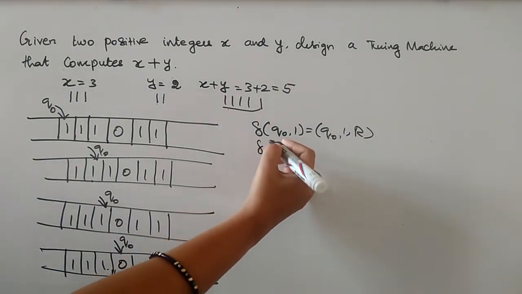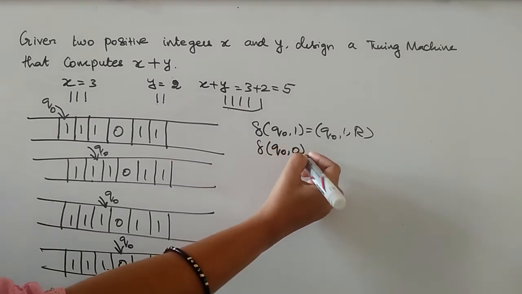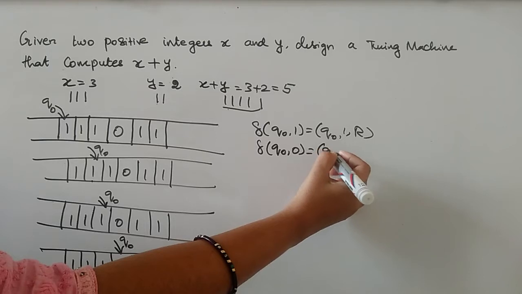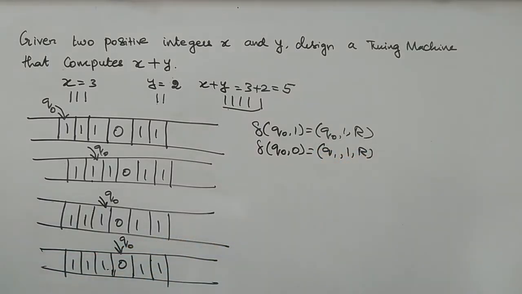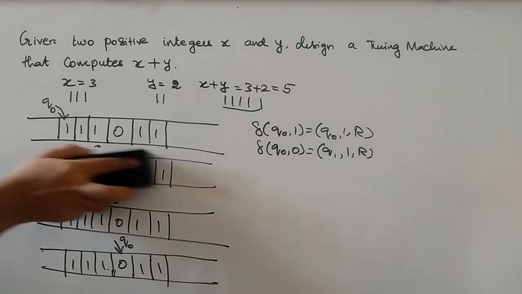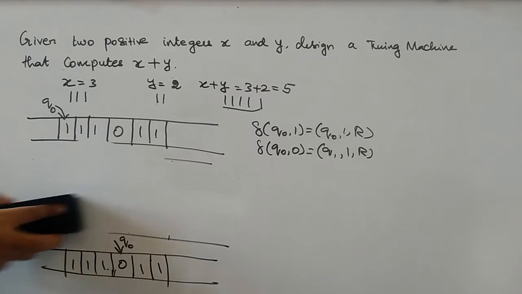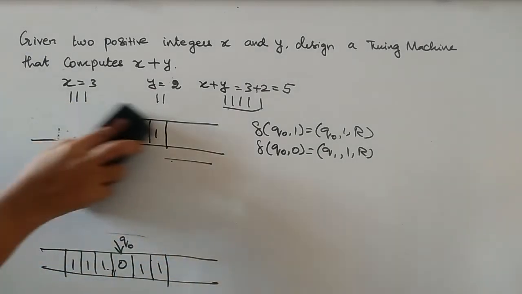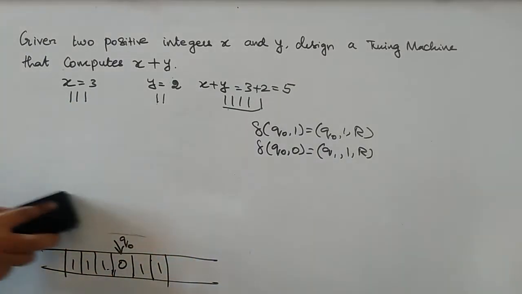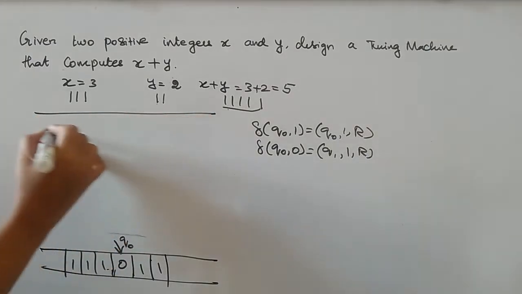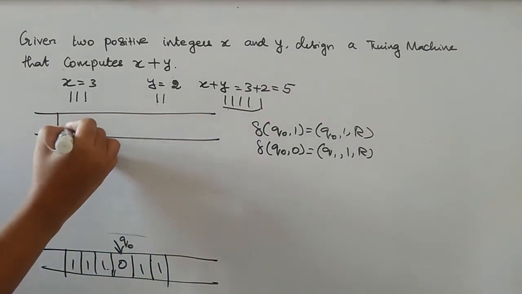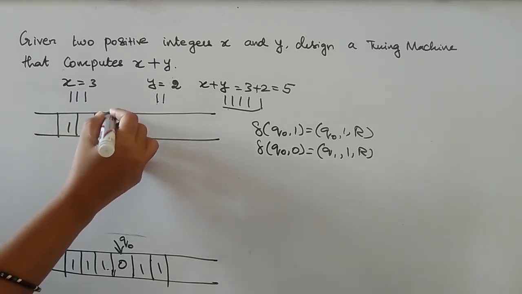That's why here we can write delta of q0 comma 0 equals q1 comma 1 comma R. We can redraw the tape symbols like this: 1 1 1 1 1.